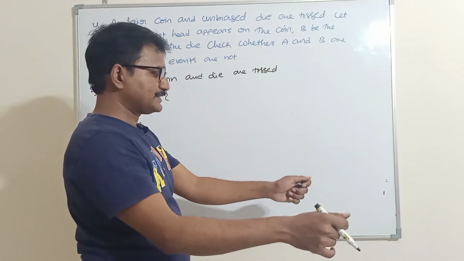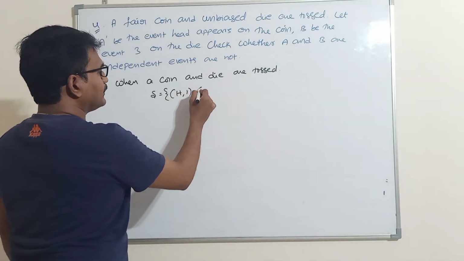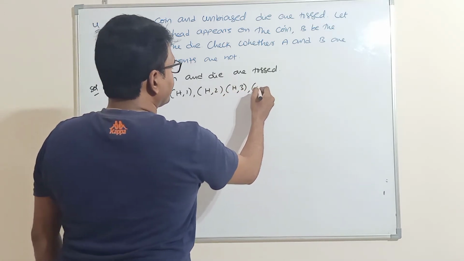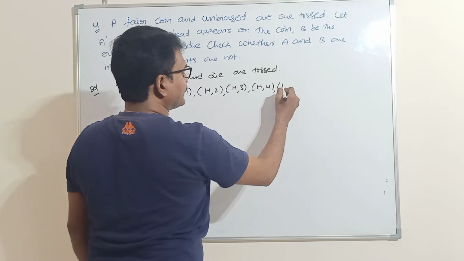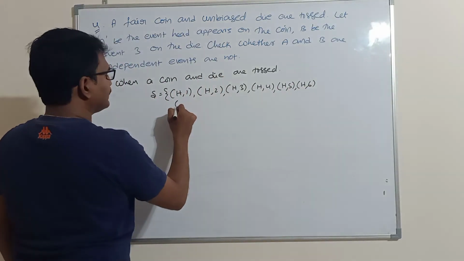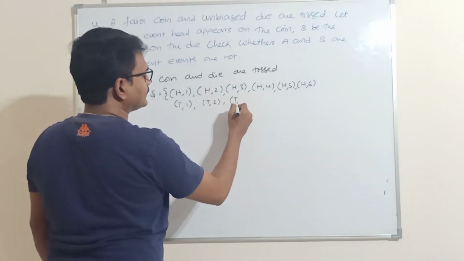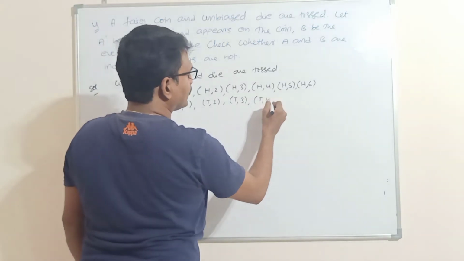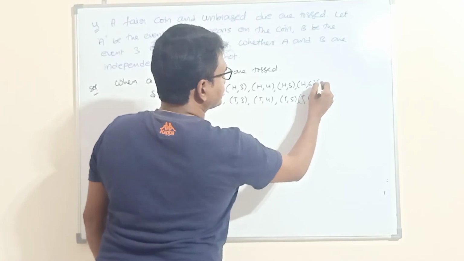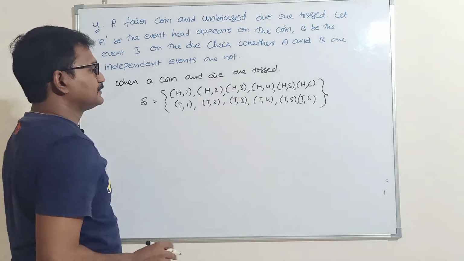Either head 1 sample point, or head 2, or head 3, or head 4, or head 5, or head 6, or tail 1, tail 2, tail 3, tail 4, tail 5, or tail 6. So these are the sample points when a coin and a die are tossed.